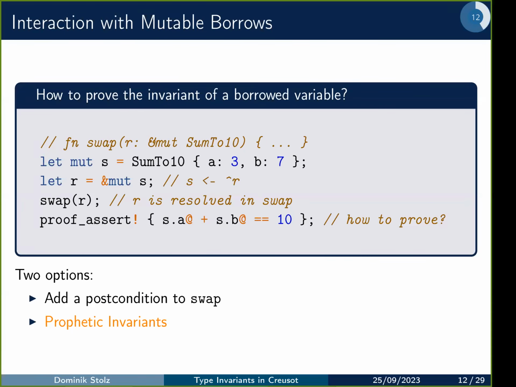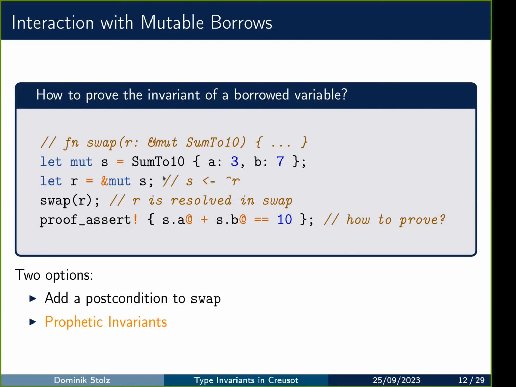Okay, so now for the second main design challenge, that's the interaction of type invariants with mutable borrows. So now we consider how we call a function that takes a mutable reference to a type with a type invariant. So here we have a function swap that takes a mutable reference to sum to 10.